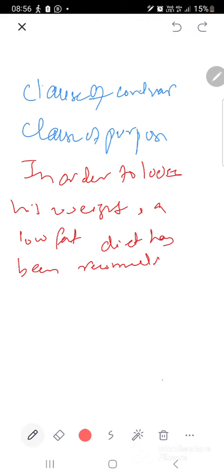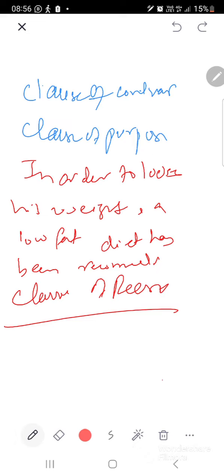Similarly, we have the clause of reason. Where it's appropriate, use it.